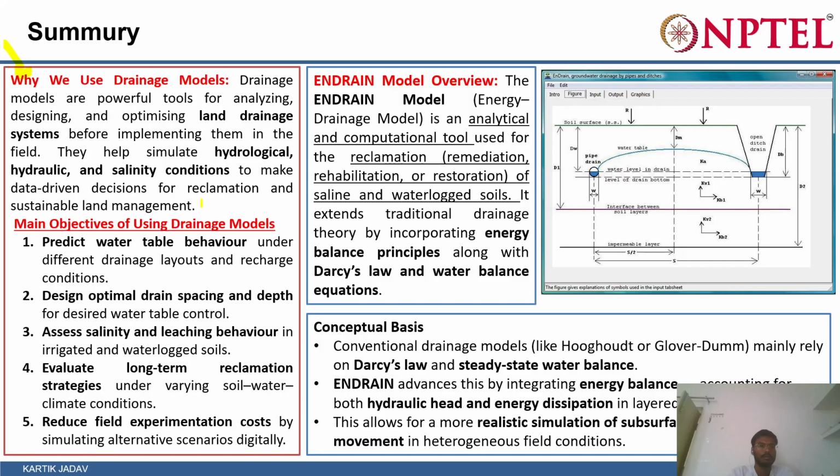The main objective of drainage models is to predict water table behavior in different drainage layouts and recharge conditions. We know there are multiple conditions like steady state and unsteady state, and within that there are different aspects like a fluctuating water table, a sudden drop or a sudden rise in the water table. There are multiple situations.